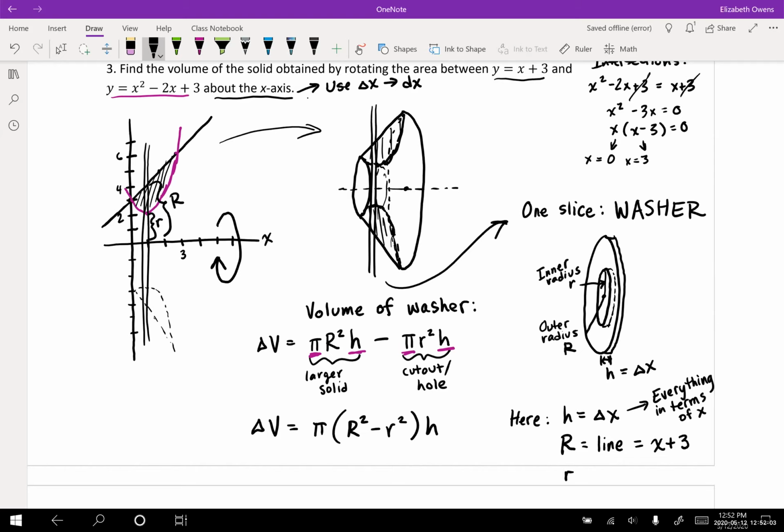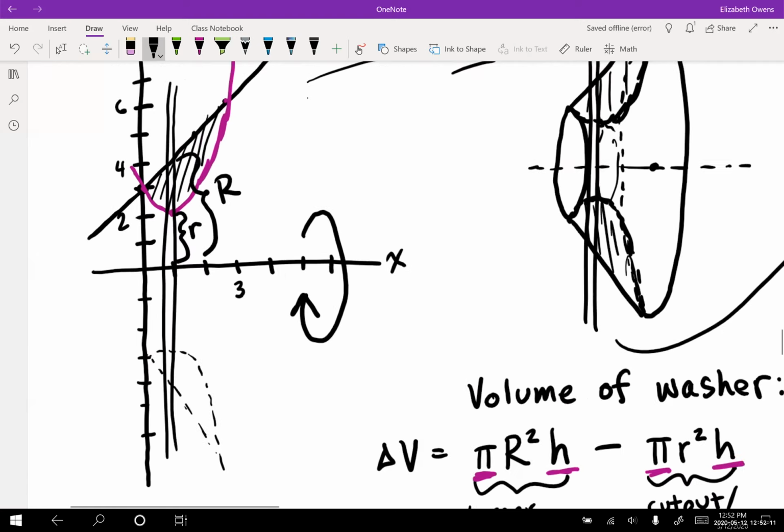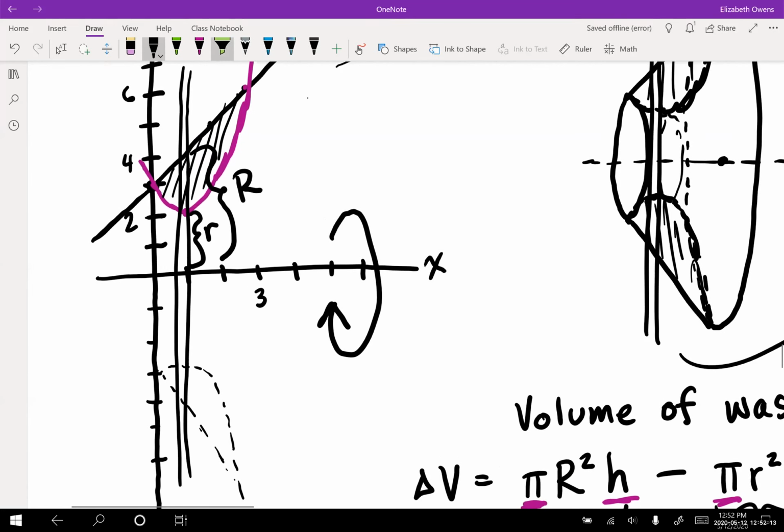Especially when it comes to our little radius, little r for the inside of this, little r comes out and touches the parabola. So there's our small radius, and the small radius changes depending on which x value you're at as well.